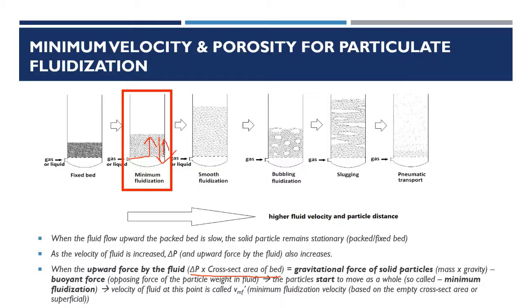Now, buoyant force is the opposing force of the particle weight in fluid. So if we have a particle, it has the gravitational force, but it also has the buoyant force. So gravitational force minus buoyant force equals the upward force by the fluid.